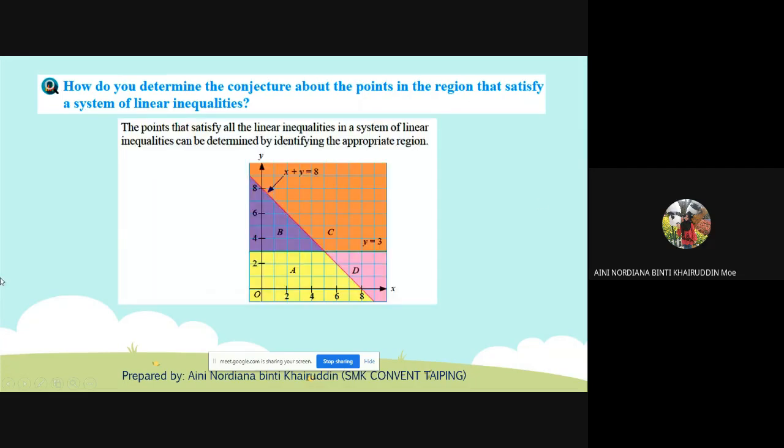So have a look at this. Every color represents a region: this yellow region is A, purple is B, orange is C, and D is pink. So the point that satisfies all the linear inequalities in the system can be determined by identifying the appropriate region.